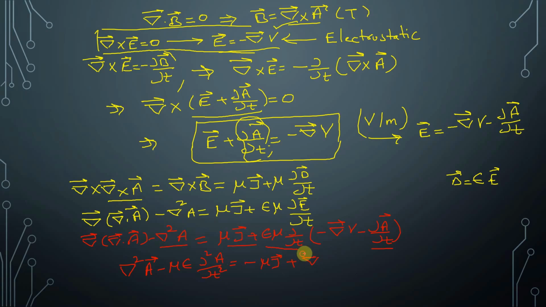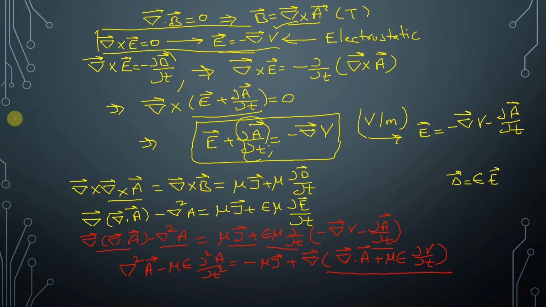Now take this del common from the remaining terms, and take it to the right hand side of the equal sign. So you will get del dot A plus mu epsilon curl V upon curl T. So this is what we get here. Now here you can see this term.